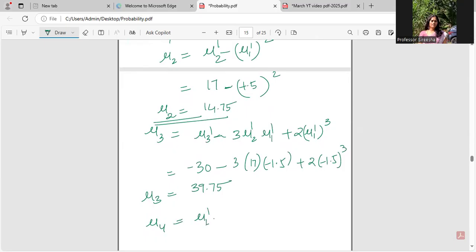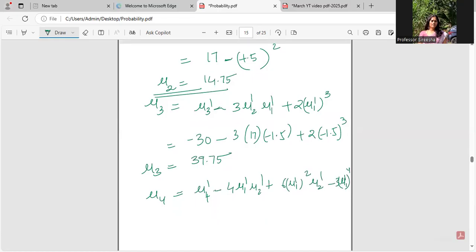Now, mu4. Mu4 is mu4 prime minus 4 mu1 prime mu3 prime plus 6 mu1 prime whole squared mu2 prime minus, instead of 4 and 1, which simplifies, 3 mu1 prime whole power 4. The binomial coefficients with the plus and minus signs get simplified.